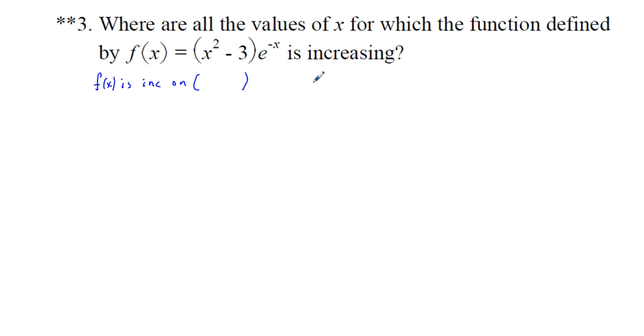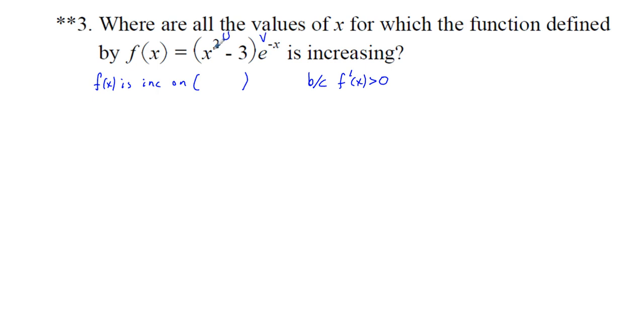And I'm going to leave a lot of room just in case we need more than one interval, because f prime of x is greater than 0. So now we're going to just try to find the derivative of this. We can treat this different ways. We can distribute, or we can just use a product rule and have like u and v.